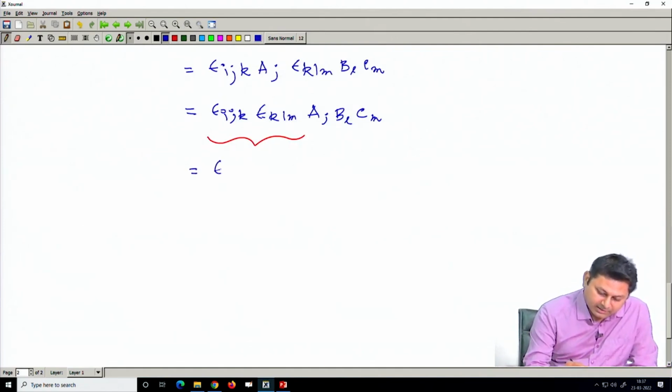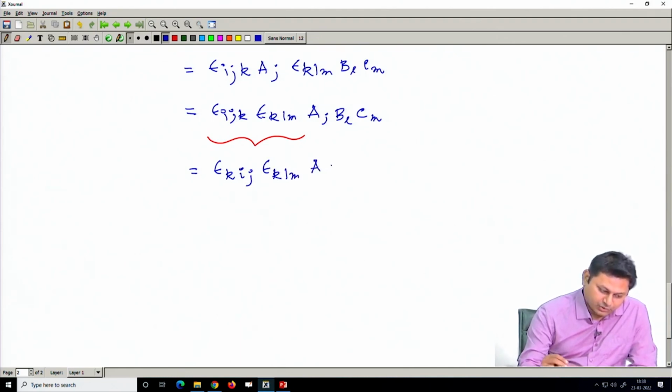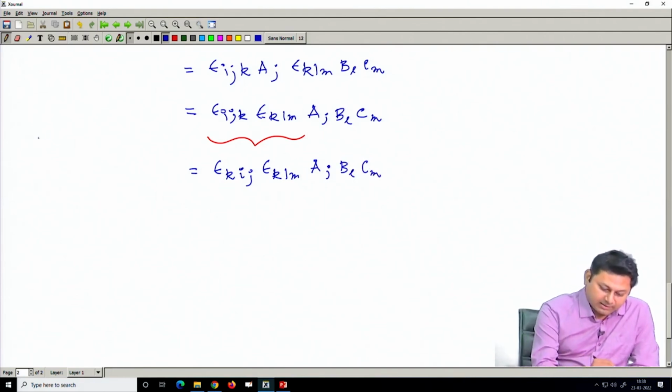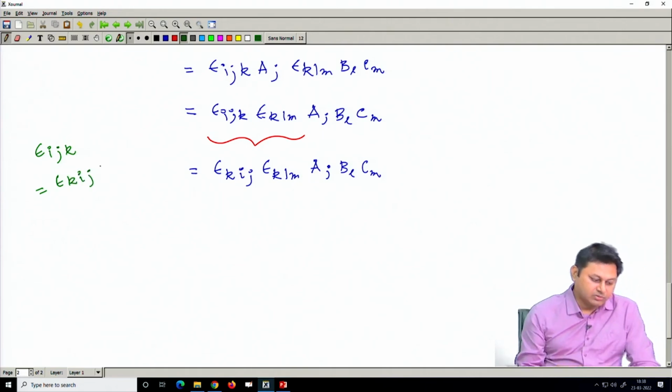So, I write epsilon k I j and epsilon k L M, and the rest of the term is as usual, it is A j B L and C M. So, you can see that I am making a note that epsilon I j k is the same as epsilon k I j by cyclic rule.